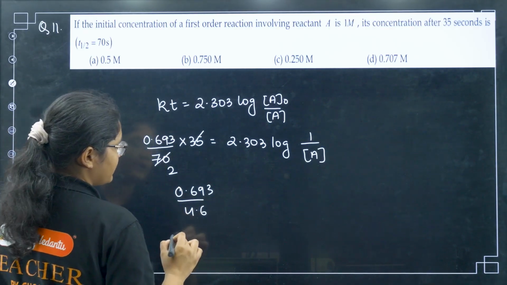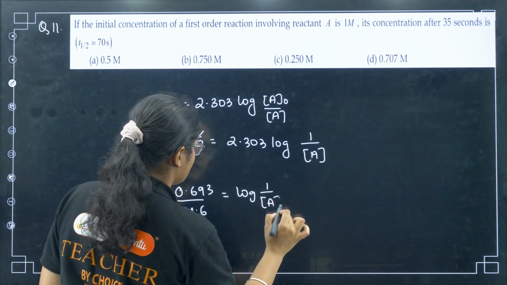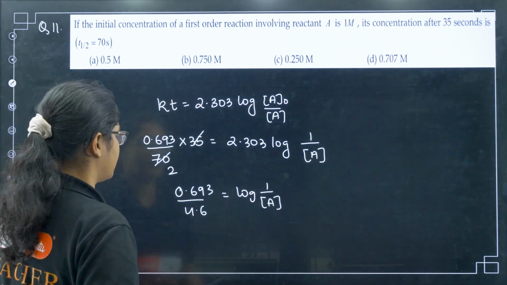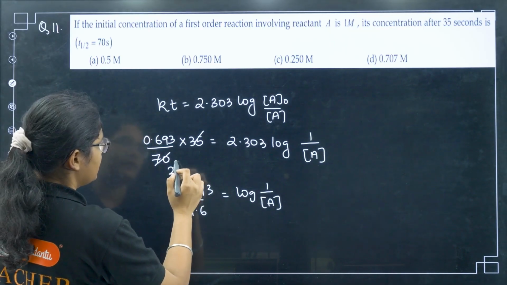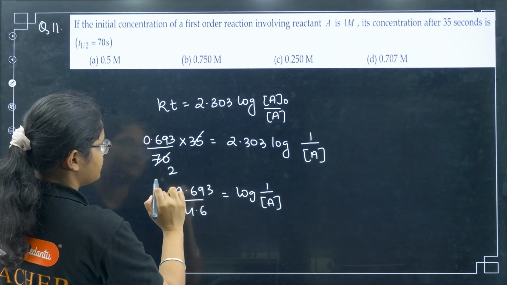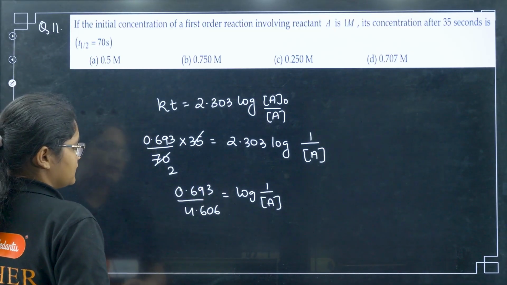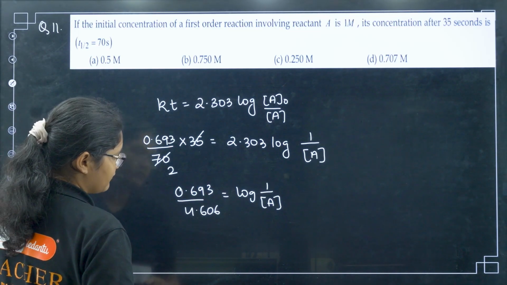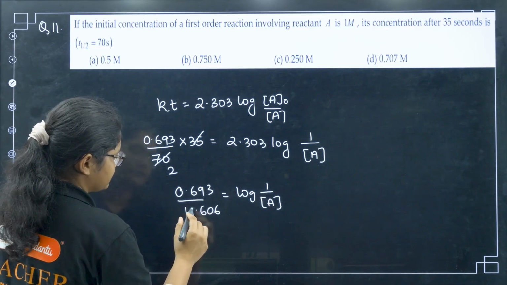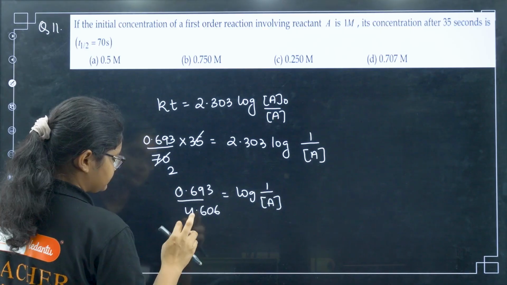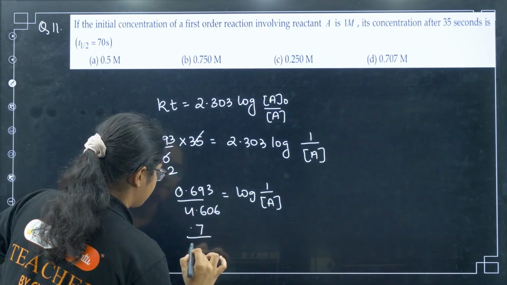So 4.6 equal to log of 1 by A. Now 0.693 times 35, 35 twos are 70, and I multiplied by 606. What rounding off I can do here is I can take this one as 0.7 and this one as 4.6.